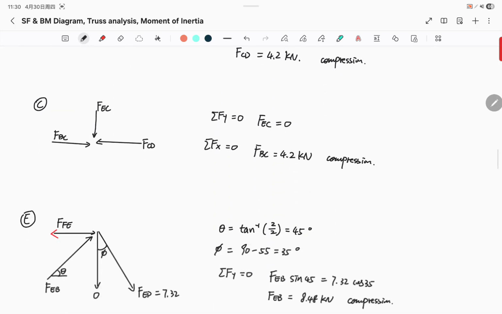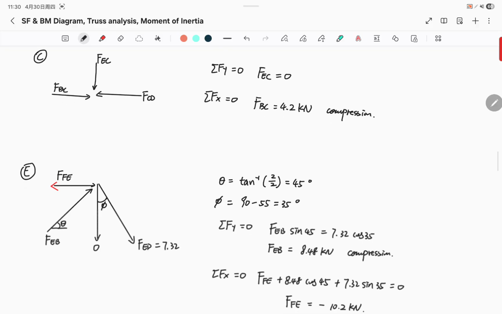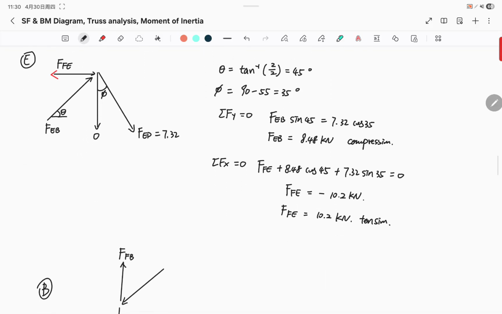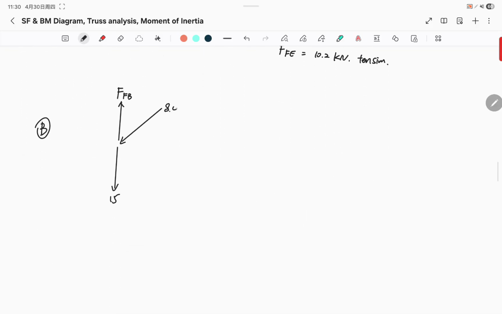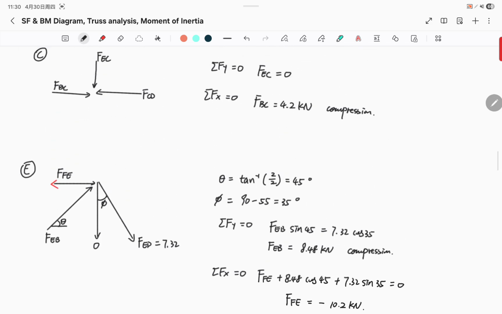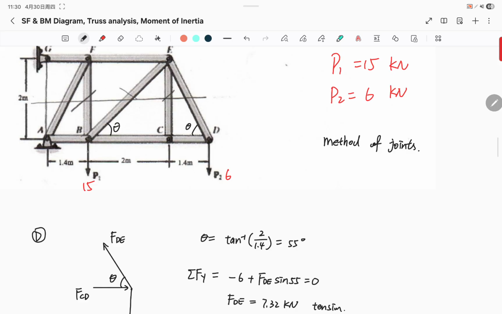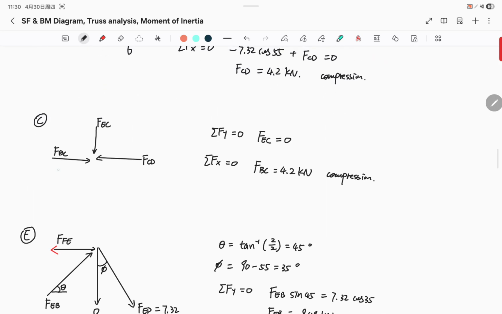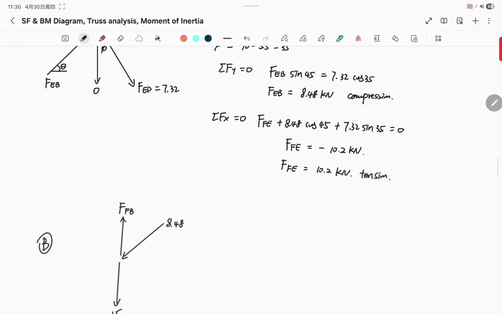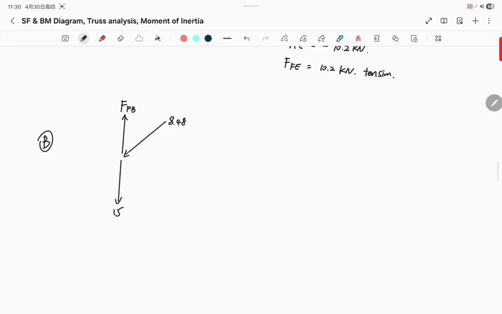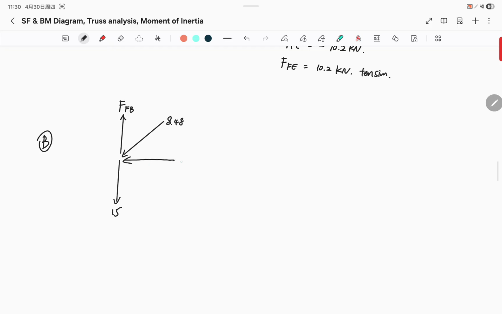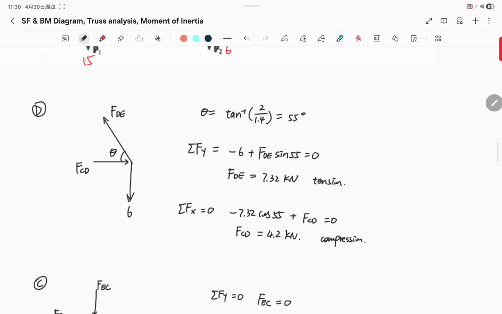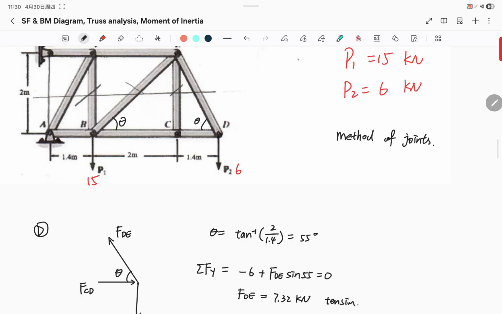FEB, where is it? FEB here, 8.48. And we also have FBC, which is here, 4.2 to the right. So we're gonna flip it, 4.2 to the left. And we also have AB.